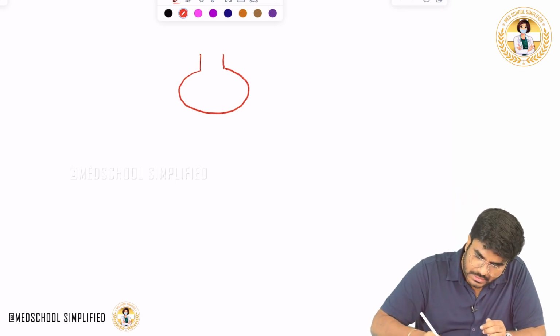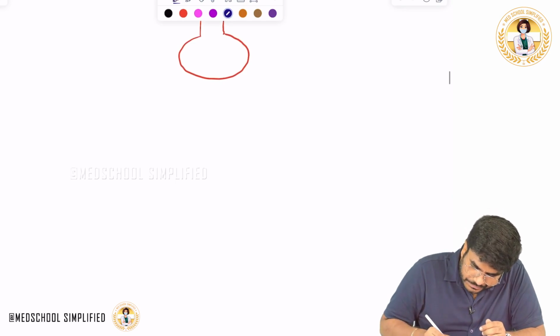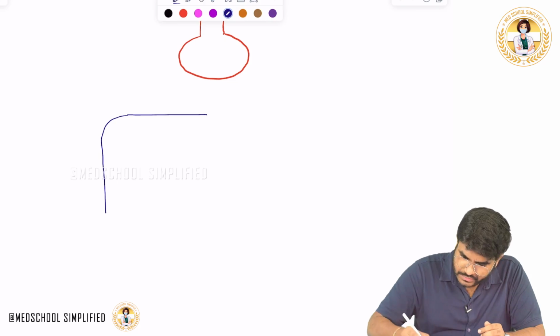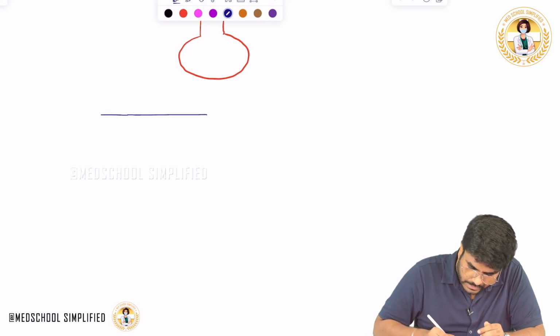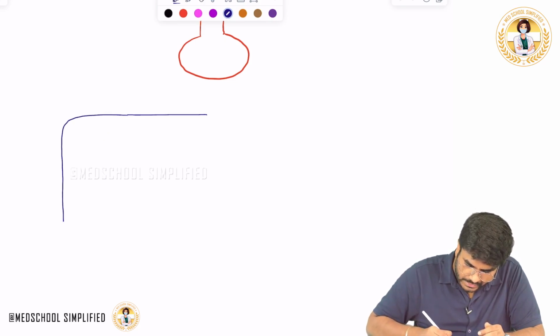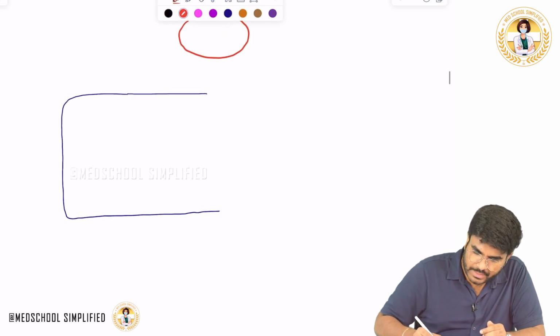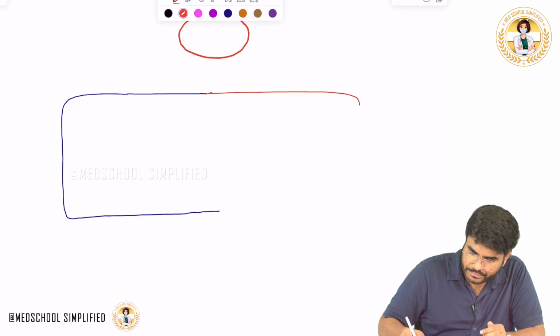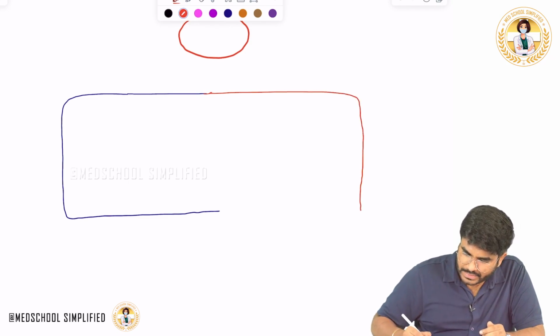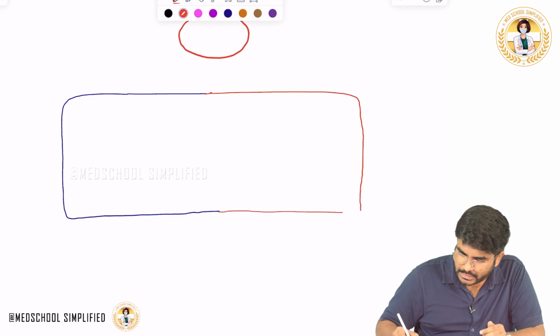How does that happen? Look here guys. This circulation which I am showing in blue color is your venous blood. This blood which I am showing here in red color, let's say this is your arterial blood.